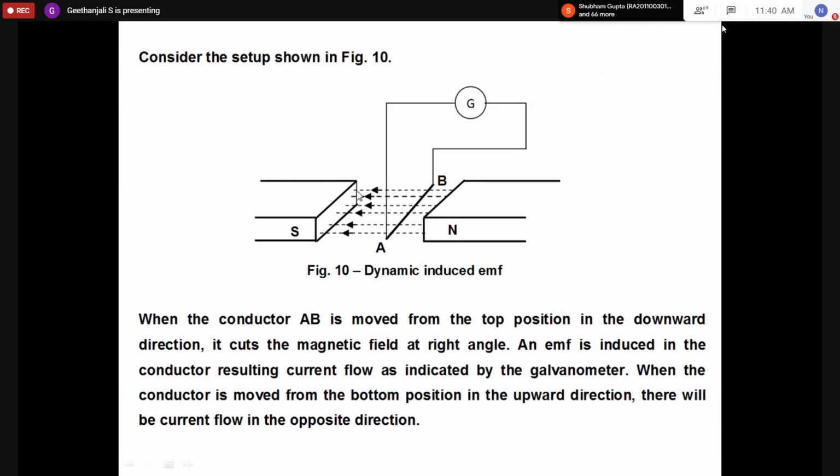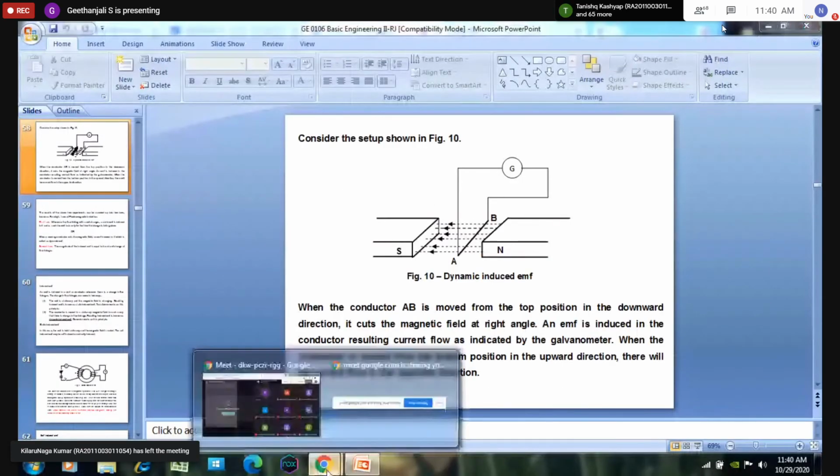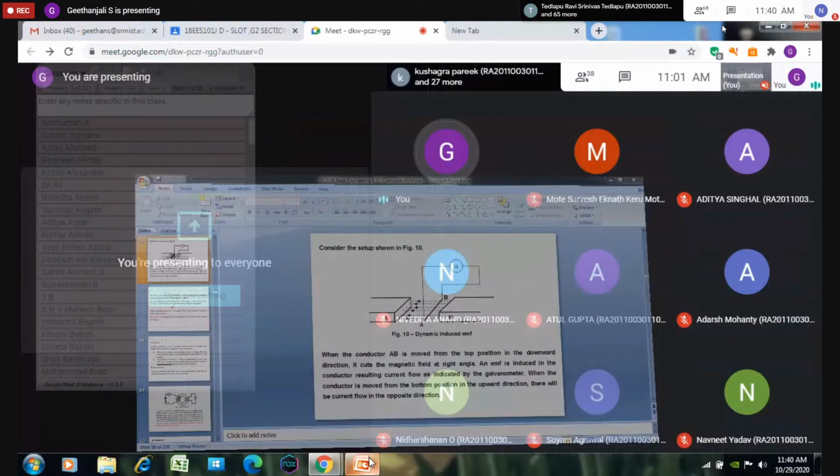Here flux is stationary, conductor is varying in a constant magnetic field. While the conductor is moving from one place to another, there will be a deflection in the galvanometer.